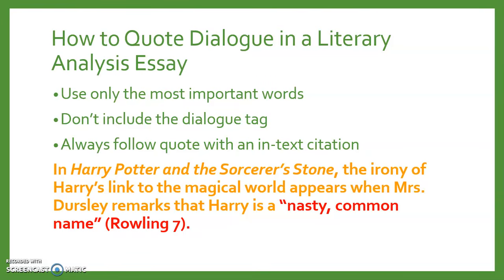And this is important because it gives us one of the themes of the story, one of the important literary elements in the story, which is the contrast between something that's ordinary or common and something that's extraordinary or magical. And so irony is this kind of contrast, this unexpectedness, right? It's unexpected that Harry, who's ordinary, is actually magical. He's got an ordinary name, but he's a magical person.